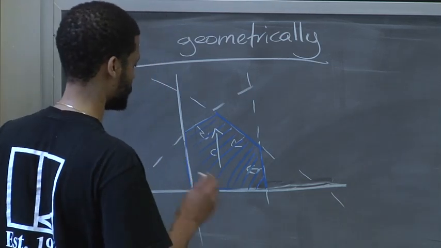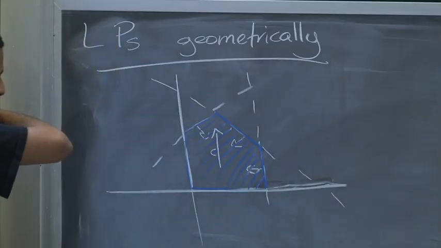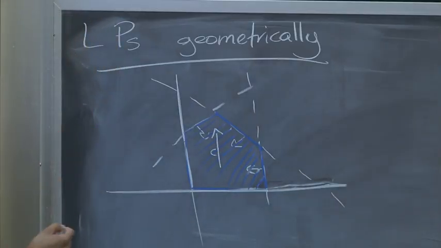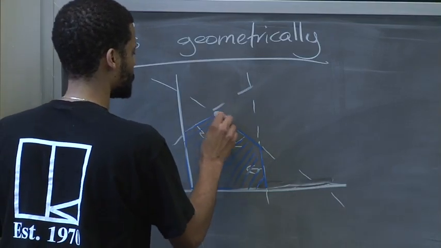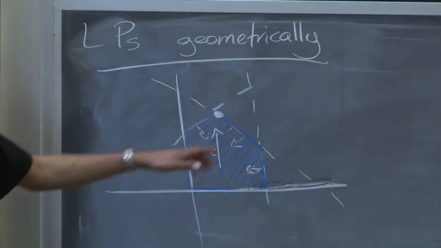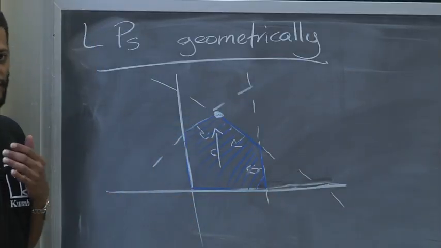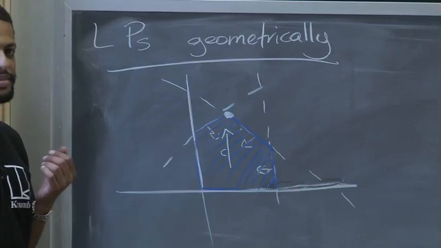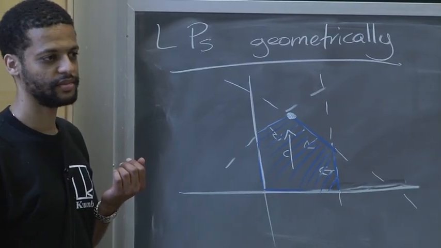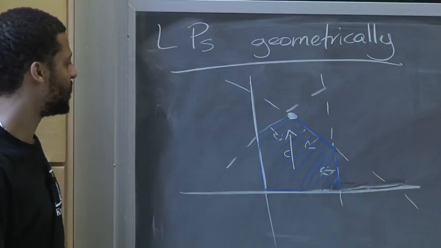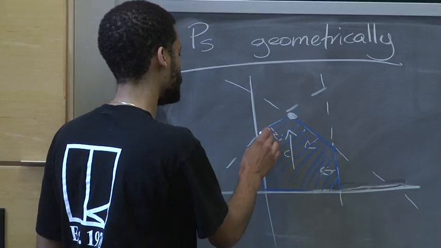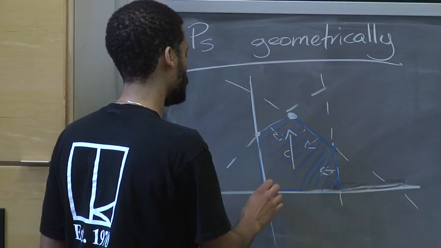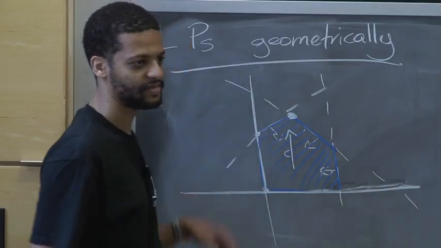So the basic way simplex starts is that it starts at some vertex, and then it greedily walks to neighboring vertices that do strictly better. So first it might walk here, and then it will walk here, and then it's done.